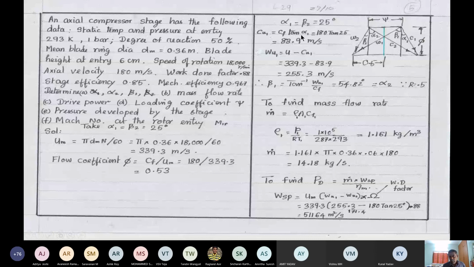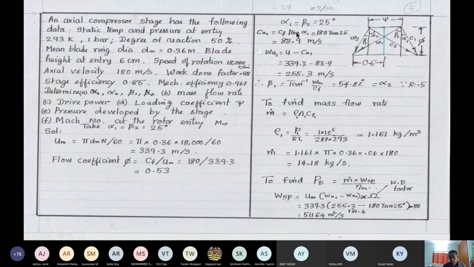What is given is alpha 1 equal to beta 2 equal to 25 degrees. So if you want to find out beta 1, I can write tan beta 1 is equal to WU1 by Cf. WU1 is nothing but U minus CU1.